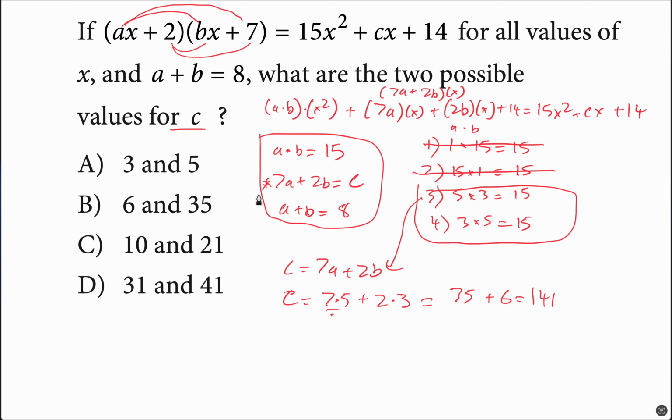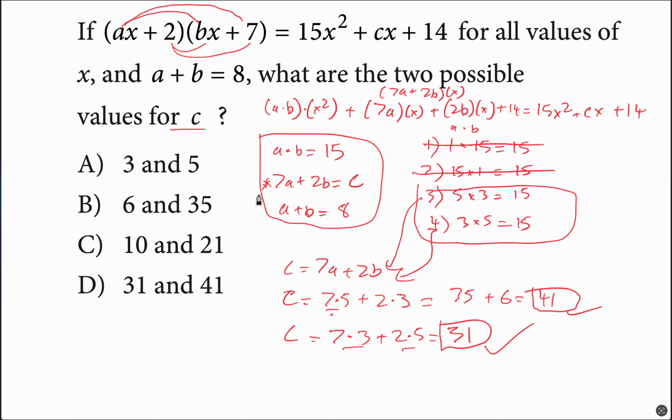Okay? So that's one of the answers, right? And what's the next one? So you plug this one into this equation. You have 7a, so 7 times 3 plus 2 times 5, right? So this is 21 plus 10, so that's 31, right? Okay, so 41 and 31.